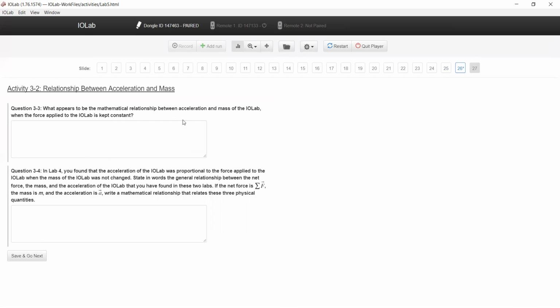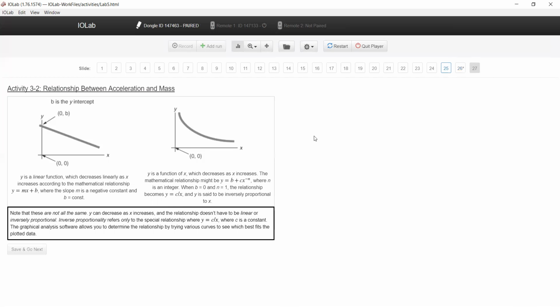After that, what appears to be the mathematical relationship between acceleration and the mass of the IOLab? Go ahead and write it here. I think it has to be inverse.